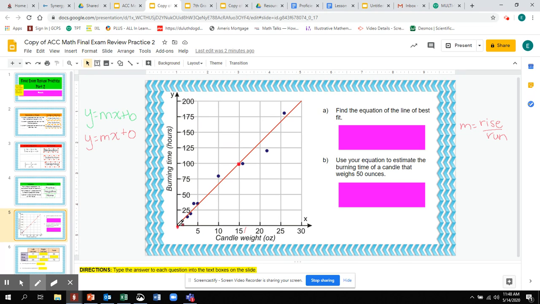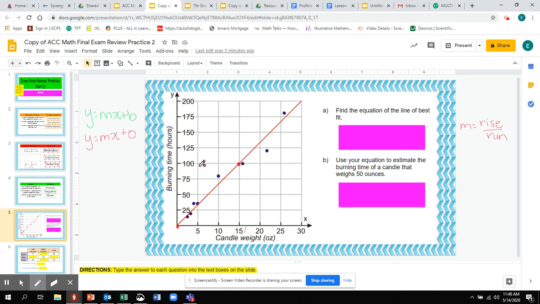Now, to get from this point to this point, I would rise, and yes, I would go up 4 units, but my rise is not 4. My rise, if you notice, every unit here is going up by 25. So my rise is up 100. And then I would run right, and yes, it would be 3 units, but when you look at my units on my x-axis, each one of these is 5.